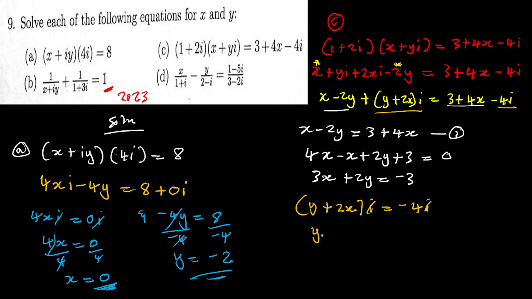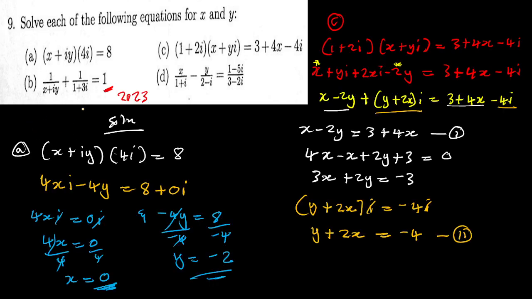So I have y plus 2x, simply equal to negative 4. So this is my equation 1. This is my equation 2. So I can solve equation 2 and equation 1 simultaneously.